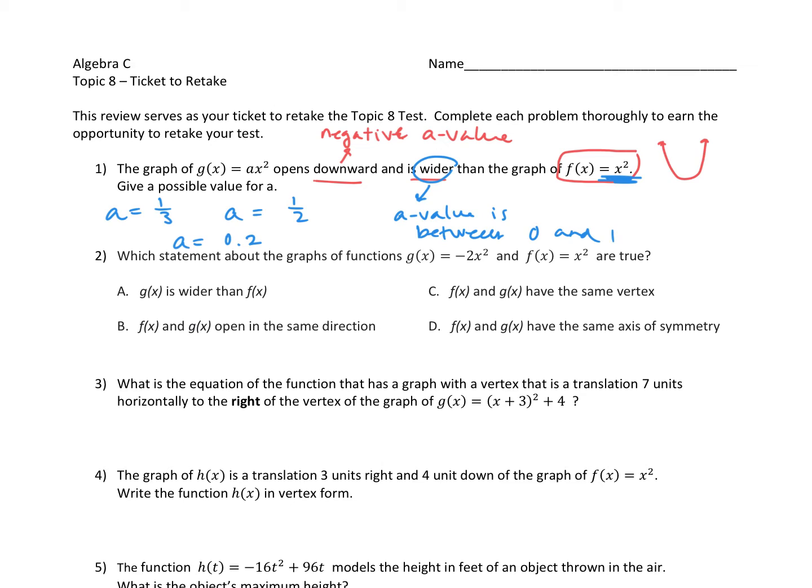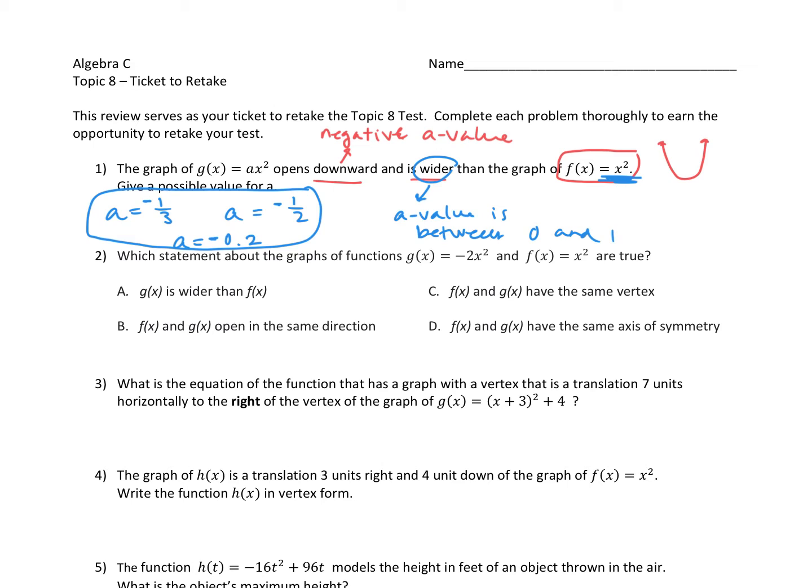So all these possible a values I just wrote out, as long as we just throw a negative on each of these, so a negative 1/3, negative 1/2, negative 0.2, now all of these parabolas open down and they are wider than the parent function x squared. So all of those are just possible answers. There are a lot of possible correct answers, but those are just a few examples.